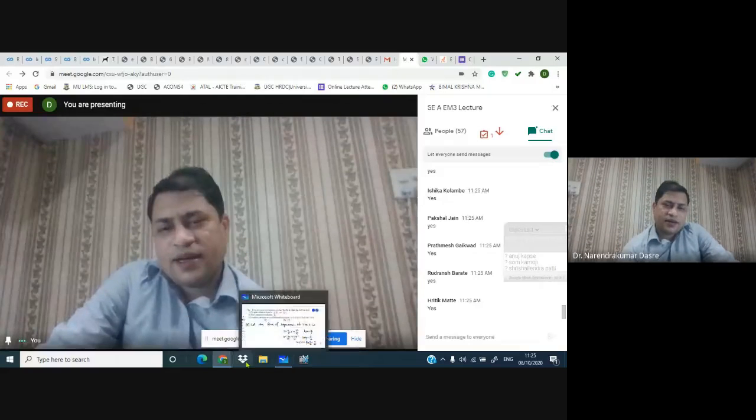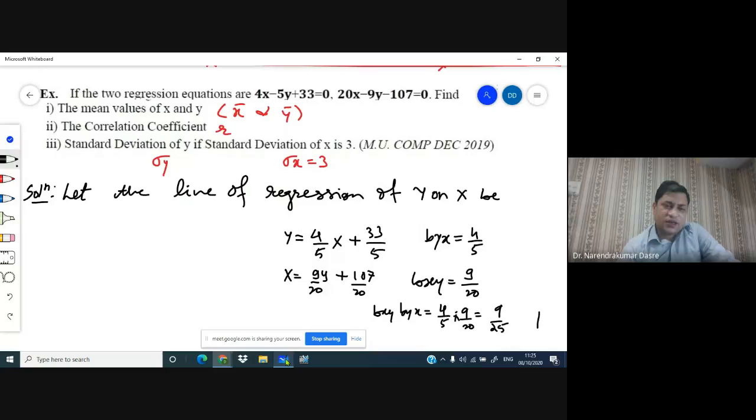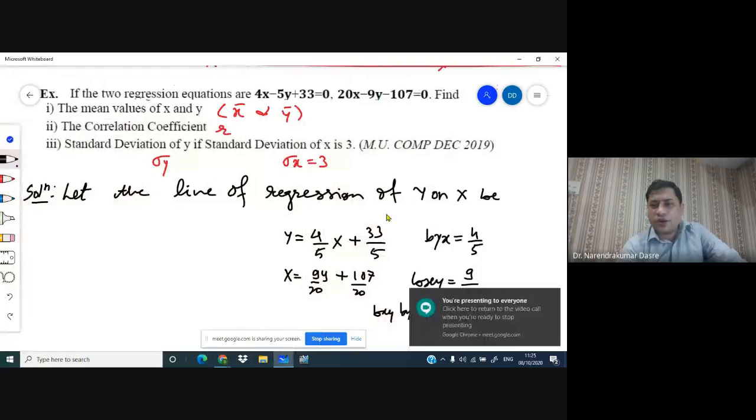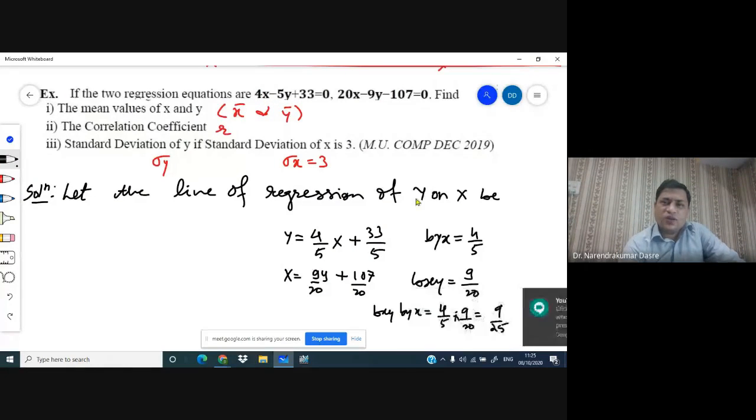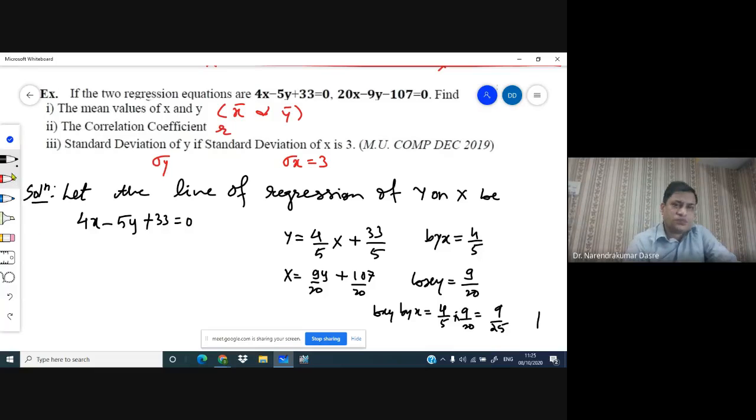Okay, and hence let us solve the remaining problem. So the first is the line of regression of y on x. So I write here this is going to be 4x minus 5y plus 33 is equal to 0.